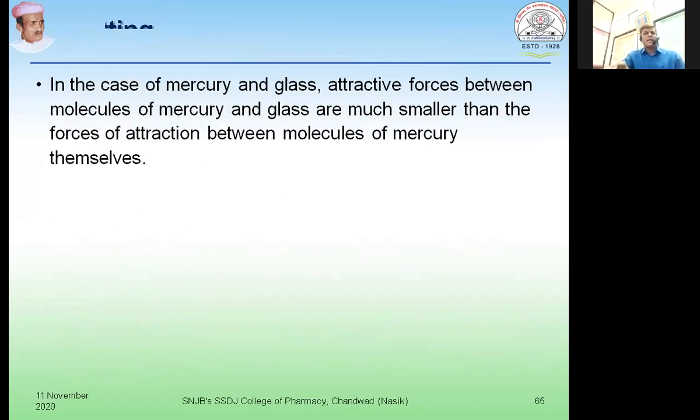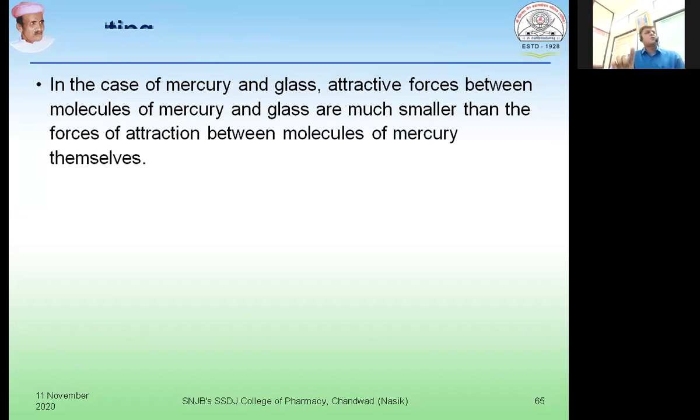See what happens in the case of mercury and glass. The attractive forces between molecules of mercury and glass are much smaller than the forces of attraction between the molecules of mercury themselves. And that's the reason mercury is used in thermometers.